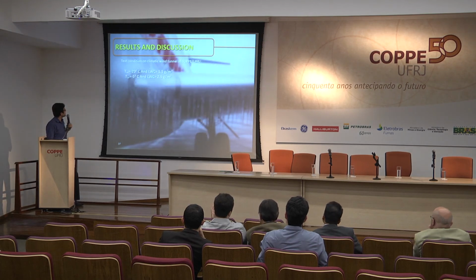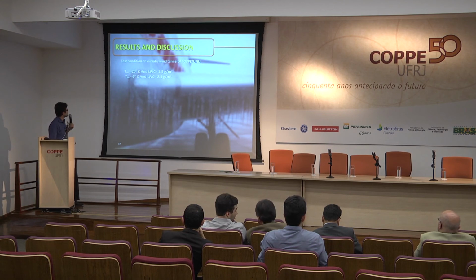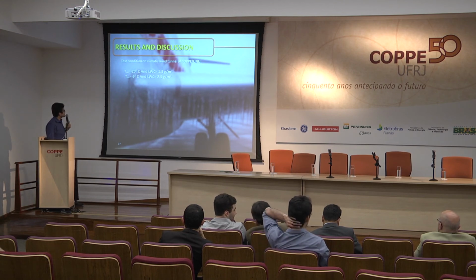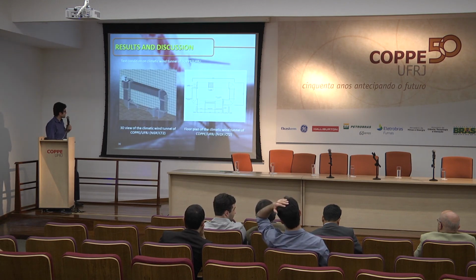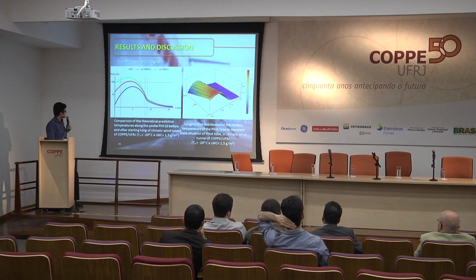And the third part, we have the test condition of the climatic wind tunnel of the copy. Everybody knows that tunnel. The last day we saw it, and the precision of the theoretical prediction at the tunnel with the situation of the wind tunnel, and the temperature for the start of freezing.